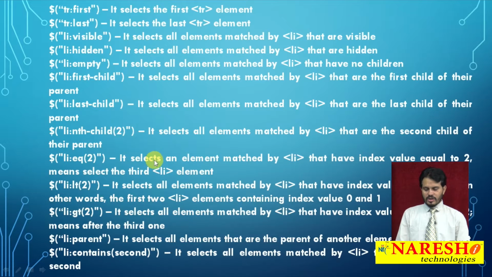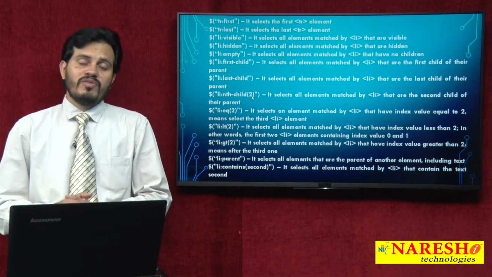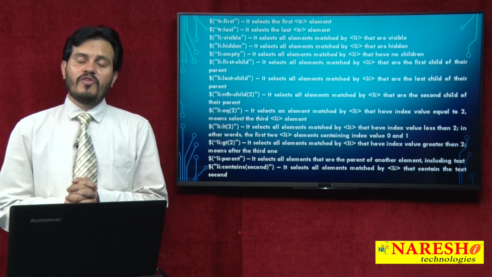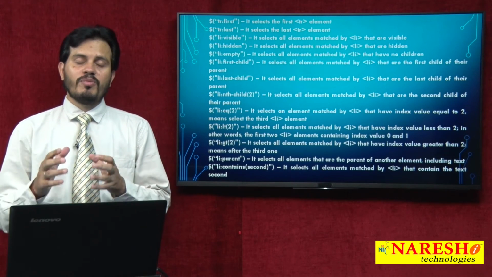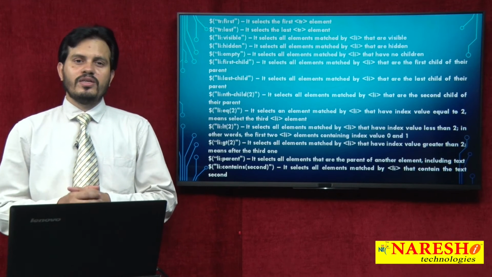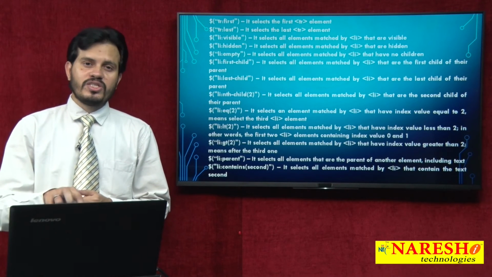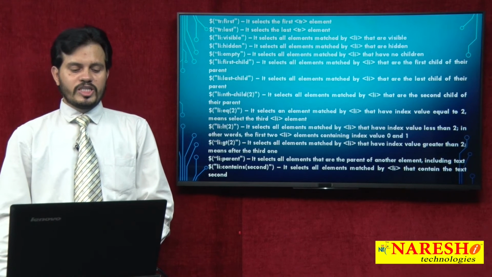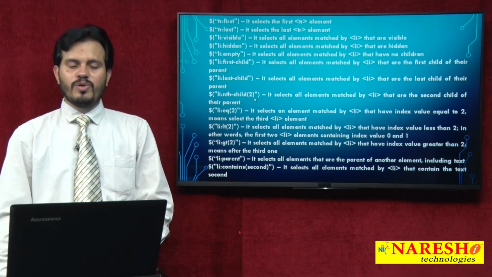In a similar fashion, now we are going to use li colon nth child of 2. Nth child means, we have seen the first child and the last child, but when the requirement is for any specific child, third child, fourth child, fifth child, sixth child and so on, then we use the selector expression nth child of 2.